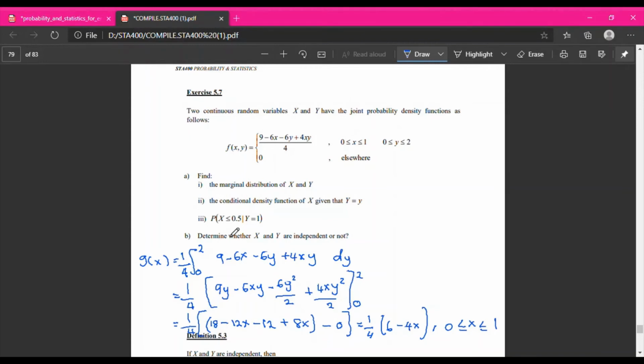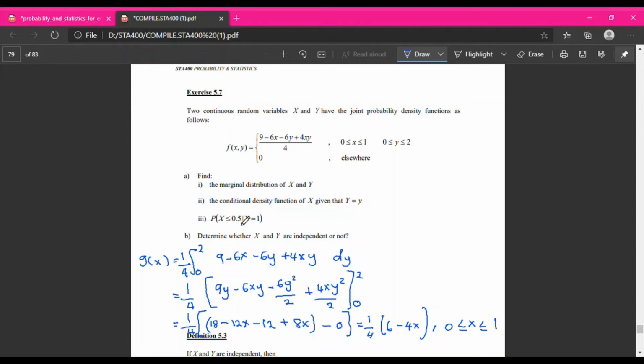Okay, the next question is to find the probability of x less than or equal to 0.5 given y equal to 1. So in order to find this probability, we need the function. Because to find probability, we have to integrate. Which function do we integrate? In this case, we integrate the conditional function of x given y.